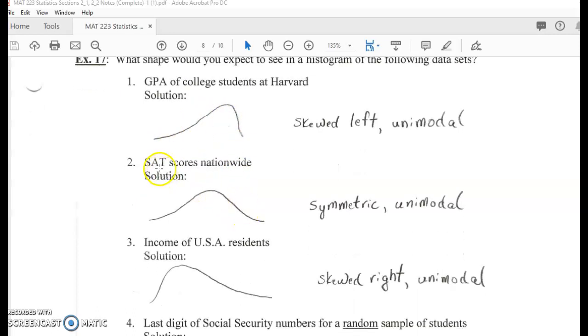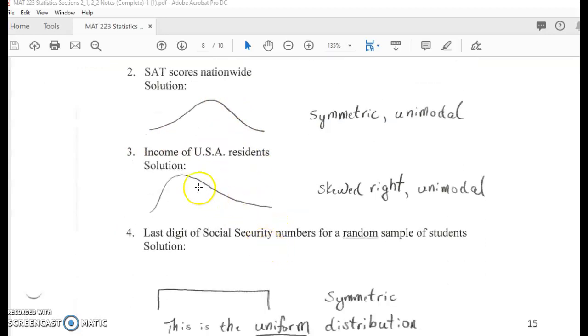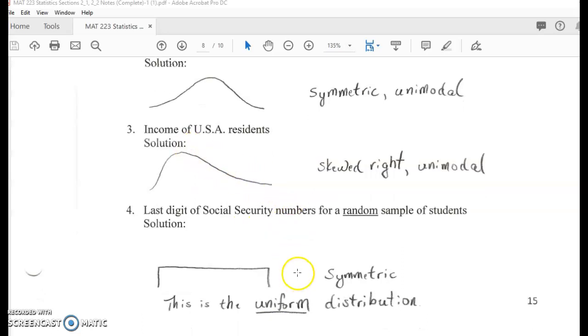If I were to look at SAT scores nationwide, those are set to be symmetric and unimodal. Typically people are in here, but you have some really low scores, some really high scores. And then let's say the income of USA residents. Most of us are somewhere down in here, and then there are a few people that make a ton of money way out here. So this would be skewed right and unimodal.